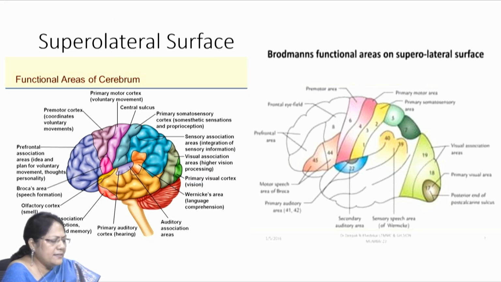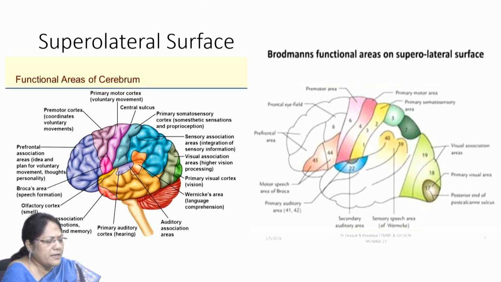The central sulcus divides the motor cortex in front and the sensory cortex behind. You can see the primary motor area, area number 4, and the yellow colored primary somatosensory area, areas 1, 2, 3.